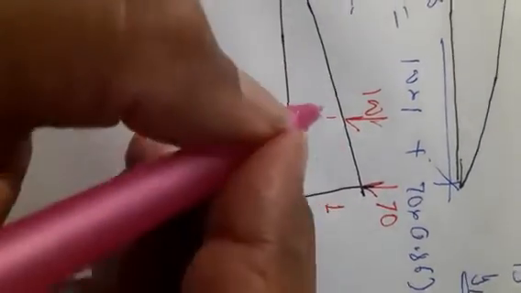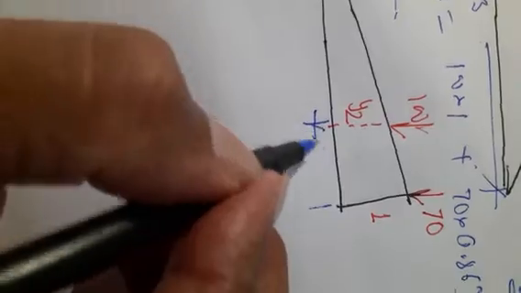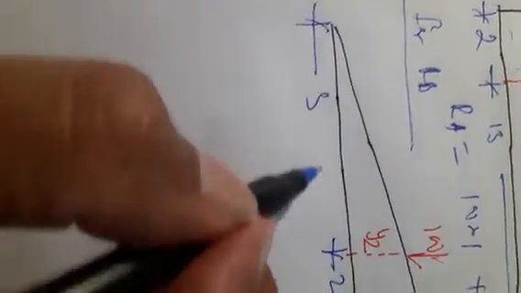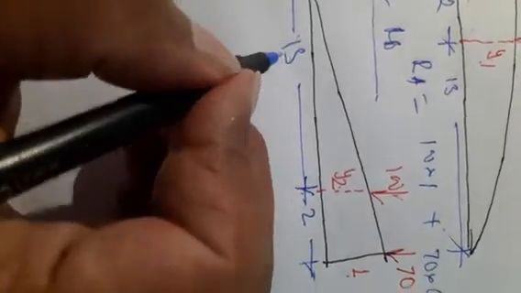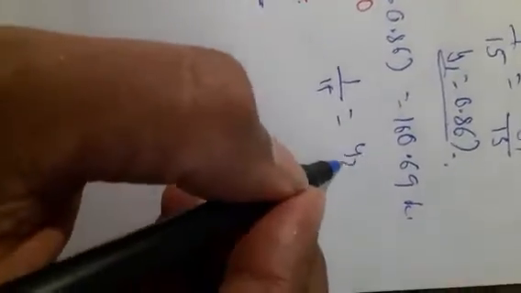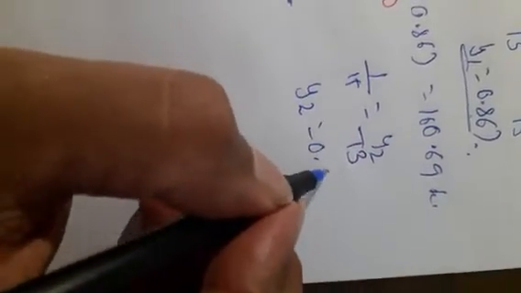This ordinate is 1, this ordinate is y2. Mark the distances. This is 2 meters, the given distance between them, this is 3 meters. So I can write 1 divided by 15 is equal to y2 divided by 13, or y2 is equal to 0.867, this ordinate.